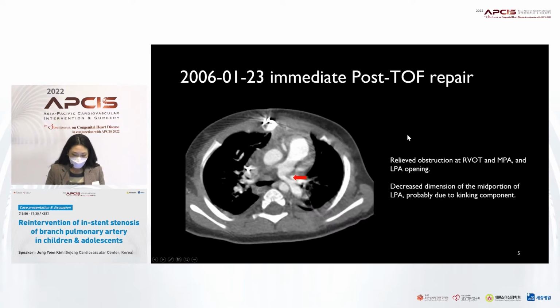Immediate post-op CT scan shows relieved obstruction of RVOT, but the mid portion of LPA decreased in dimension, as you can see.